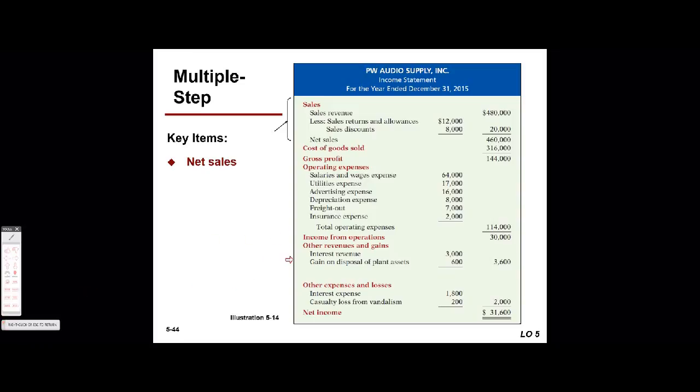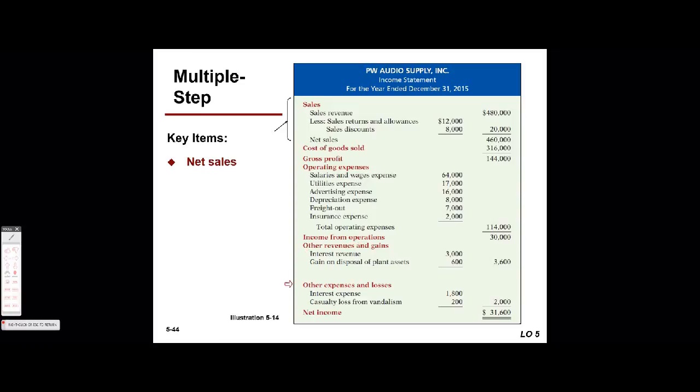And we've got gain on disposal, which we'll get to in later chapters what that actually is. But we'll nutshell it. That's a sale of depreciable assets. Again, that's non-operational because if you get a gain from that, it's going to affect net income, but it's not going to be something that you can rely on every year. So for investors' sake, those things are commonly reported as other revenues and gains, or sometimes non-operational revenues and gains.